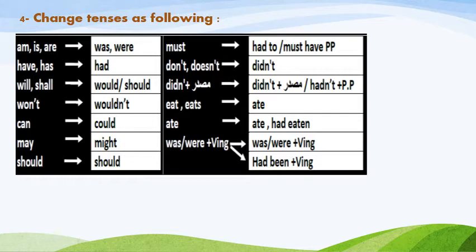"Am," "is" and "are" should be "was" and "were." "Have" and "has" should be "had." "Will" should be "would." "Shall" should be "should." "Will not" will be "would not." "Can" will be "could." "May" would be "might." "Should" is going to be the same "should" in order not to change the meaning. "Must" is supposed to be "had to" and "must have," and so on, as you see in this table.